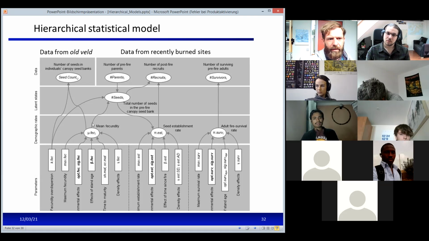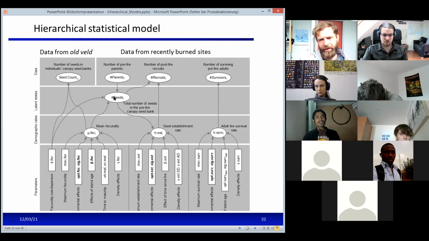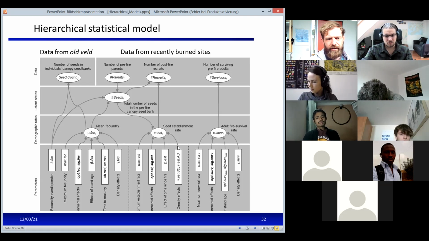So basically, we could inform our estimate of fecundity also to some extent from these recorded recruit to parent ratios, because they of course also contain some information on whether or not there were any seeds available from the pre-fire generation, but more importantly, we could describe the probable number of seeds that were available to produce the observed number of recruits and thereby estimate the per seed establishment rate.